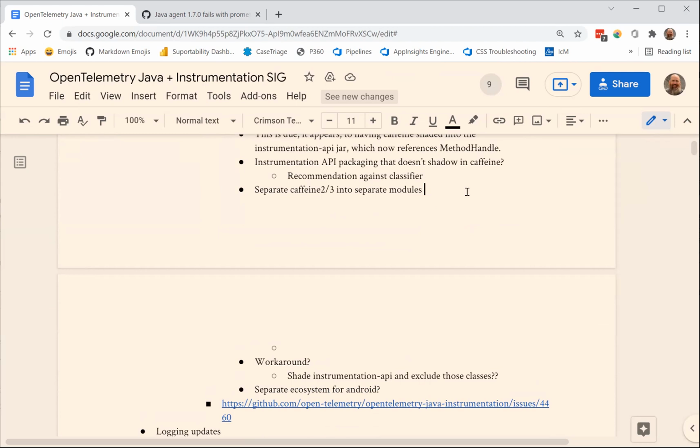But if that's not possible, if you want to do a quick hack, then I think Anurag already did some sort of trickery of replacing some classes inside the caffeine. I think method handle is used only in two classes. We could try somehow replacing them, but there might be one problem: those classes that contain the method handle reference might be generated classes. So even getting the source for them might be a bit troublesome.